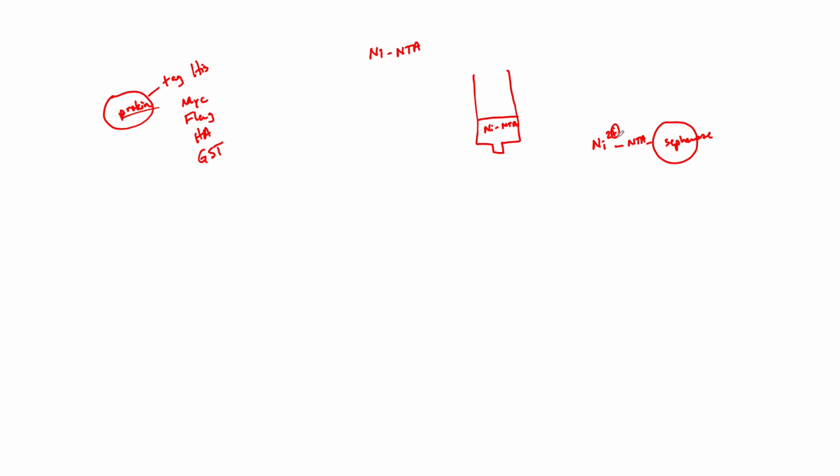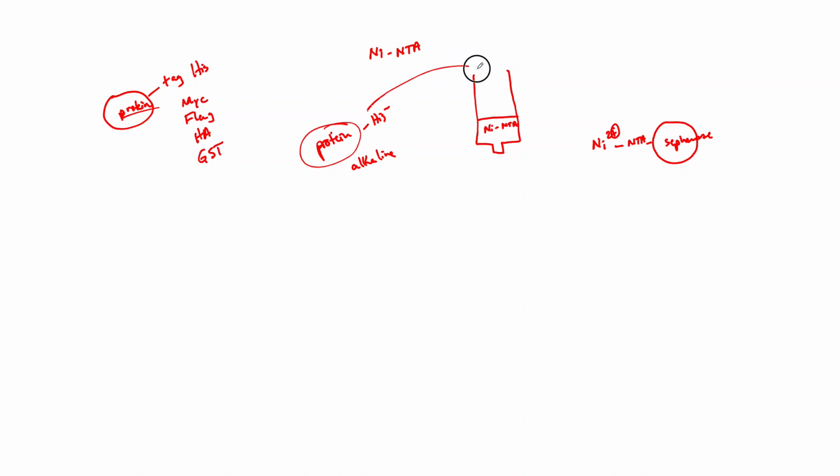So this positively charged ion here will have an affinity for negatively charged ions, or negatively charged anything, like a negatively charged amino acid. What we're going to do is take our protein that has this His tag attached to it and put it in a basic solution. And what that will do is cause the histidine to have a negative charge.